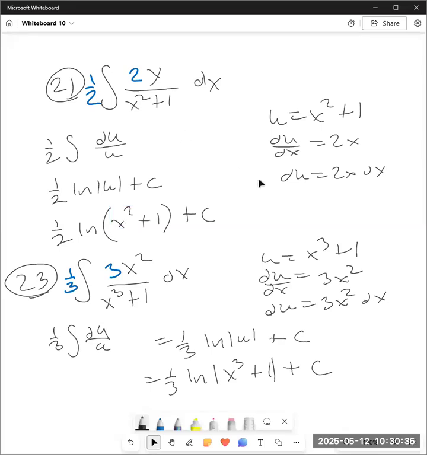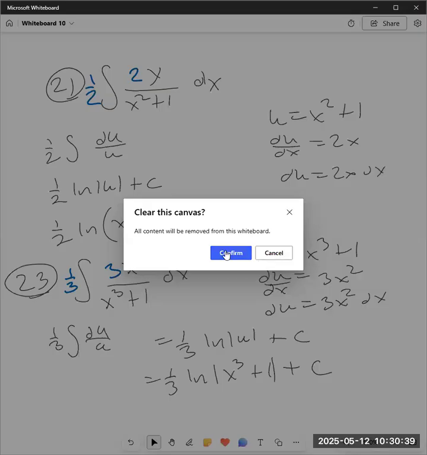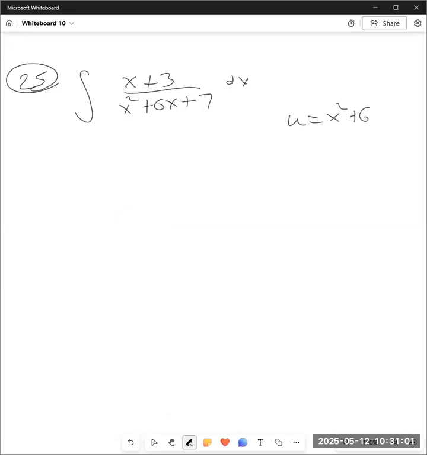So let's go ahead and look at number 25 now. We have the integral of x plus 3 over x squared plus 6x plus 7 dx. So let's try to make u equal x squared plus 6x plus 7. Du dx will be 2x plus 6. So du dx is 2 times x plus 3.